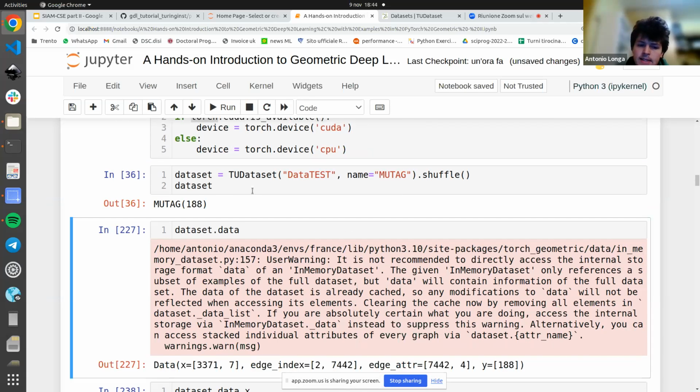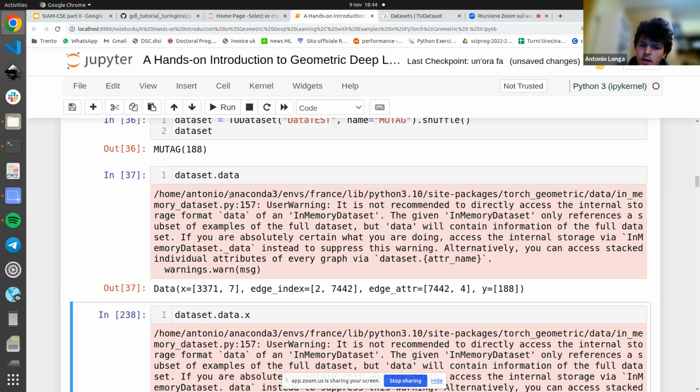And once again, we can access and see the information. So if we have a look, the totality of the dataset has 3,371 nodes, while it has only 188 labels.